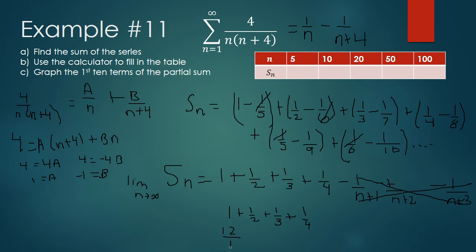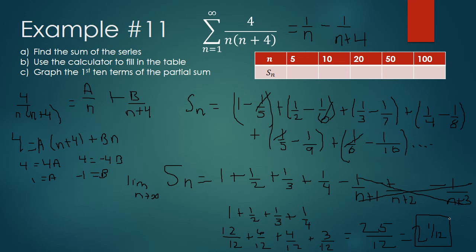So this will be 12 over 12 plus 6 over 12 plus 4 over 12 plus 3 over 12. 12 and 6 is 18. 18 plus 4 is 22. 22 plus 3 is 25. So this will be 25 over 12, which is 2 and 1/12. So my sum is 2 and 1/12. This series converges, and we have a sum of 2 and 1/12.